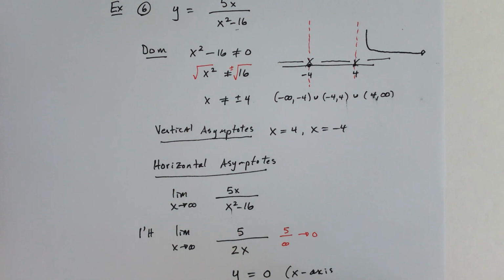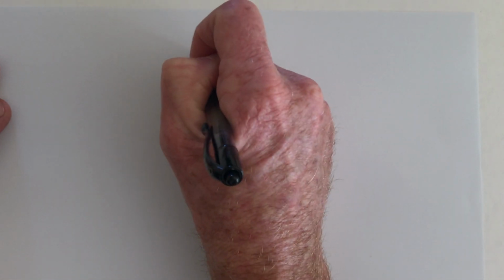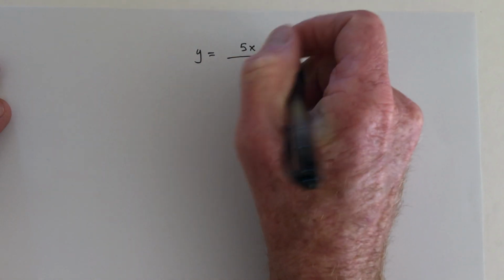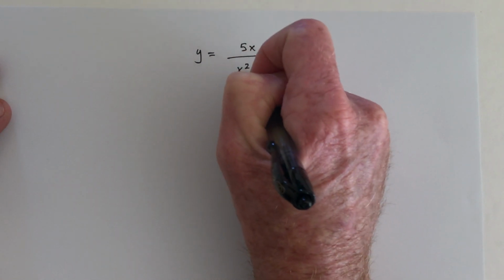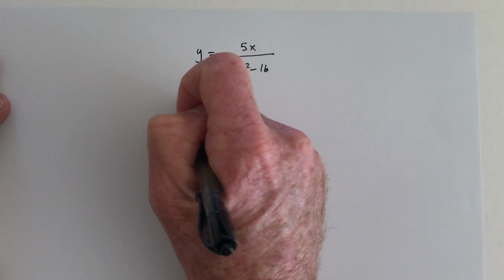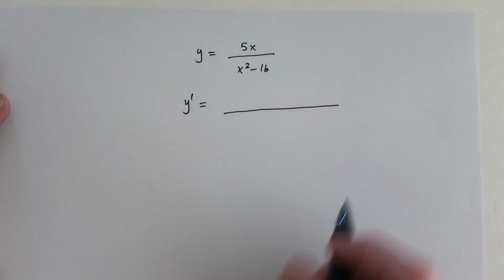Okay, now we need to see where it's increasing and decreasing. So I need a new page, and just to remind myself, it's 5x over x squared minus 16. All right, now for the derivative. So for this, I need the quotient rule.